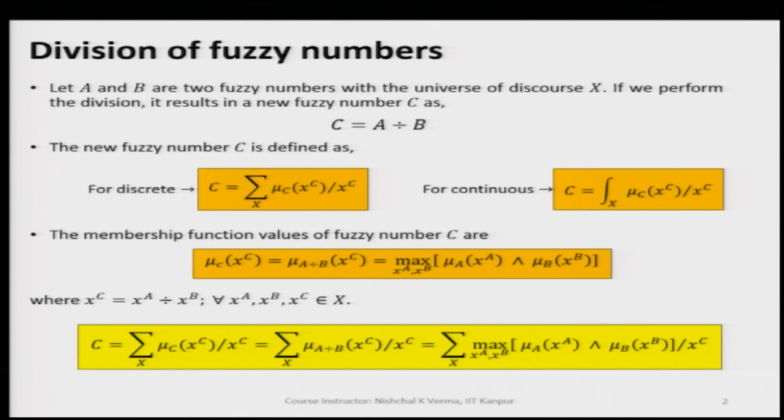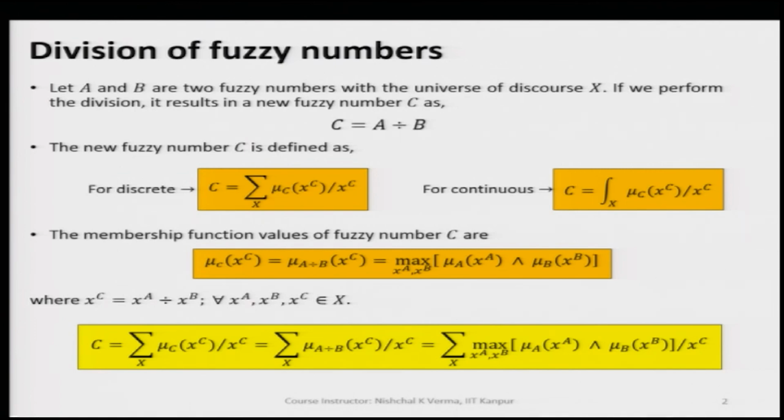Before this arithmetic operation of division, we had already discussed the other arithmetic operations like addition of fuzzy numbers, subtraction of fuzzy numbers, multiplication of fuzzy numbers. So, today we will be discussing the division of fuzzy numbers.